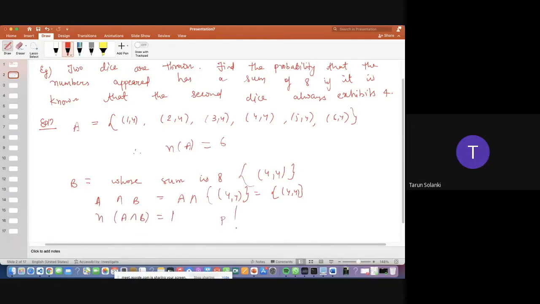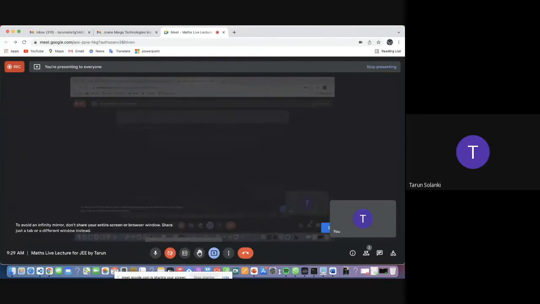So conditional probability of B by A is n of A intersection B divided by n of A. So that becomes 1 by 6. Correct? So you need to copy this problem. Then we'll look at a few more problems. First, you need to copy this.